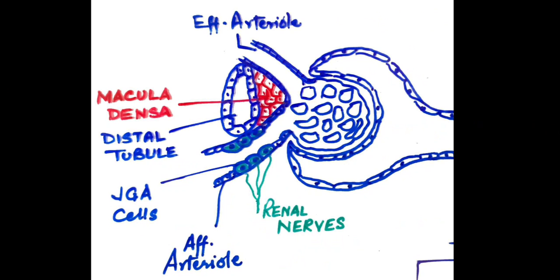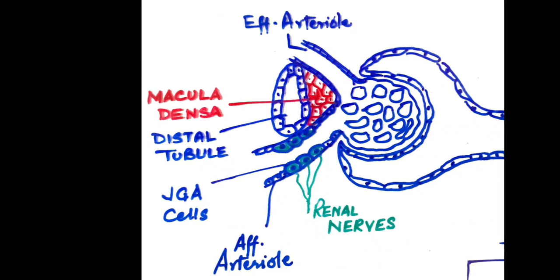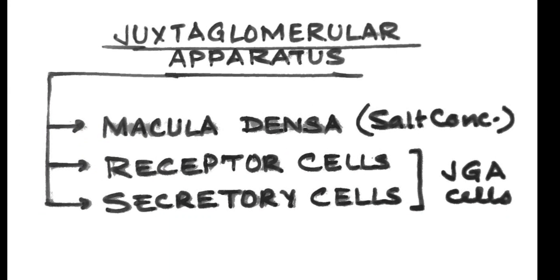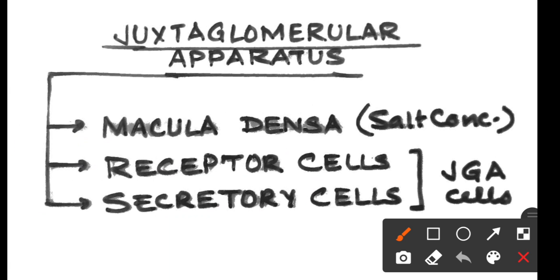The second type of cells present in this system are the receptor cells and the secretory cells. These two types of cells make up the JGA.